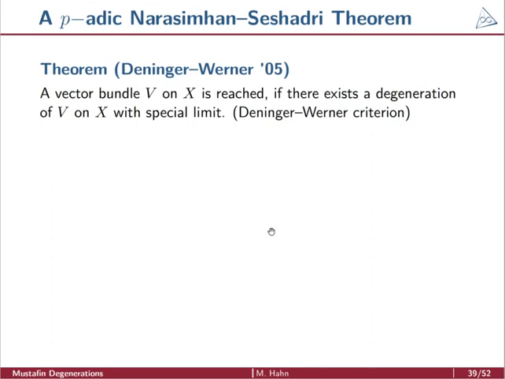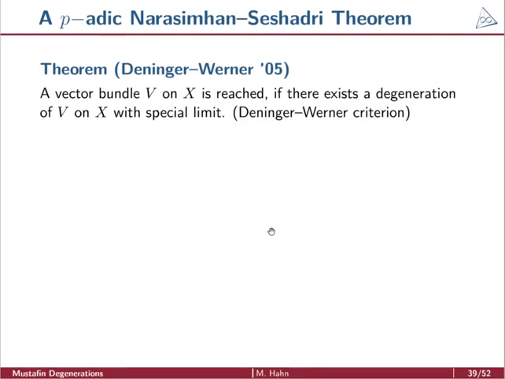And so this is called the Deninger-Werner criterion, and this is really a degenerative criterion on whether a vector bundle is reached by Faltings' construction. And so then, of course, a p-adic Narasimhan-Seshadri theorem would be proved if one could show that every semi-stable vector bundle of degree 0 on a smooth projective p-adic curve admits a degeneration such as Deninger and Werner prescribe.